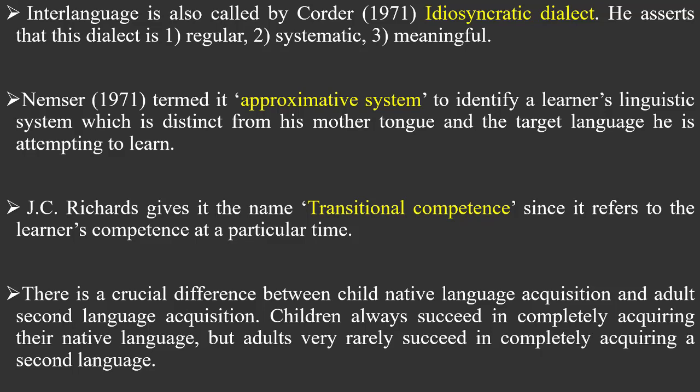This is exactly the idea that I have been trying to explain to you since the beginning of this video, that native language acquisition is different from second language acquisition. So an adult cannot completely reach the competence of another language, but a child can.